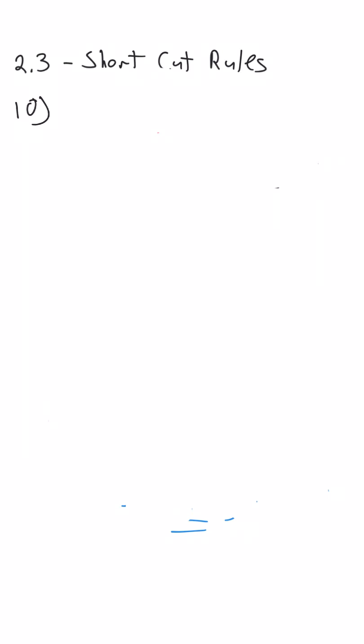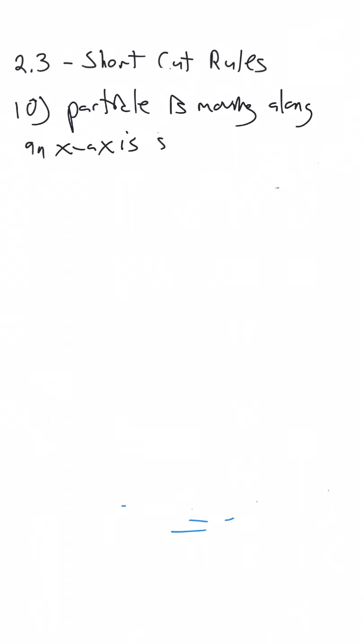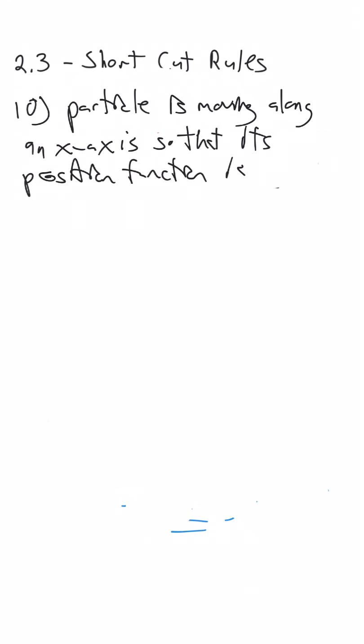Maybe it's a deal where we're given a particle moving along an x-axis so that its position function is given by, let's see, x of t equals 3t cubed minus 7.